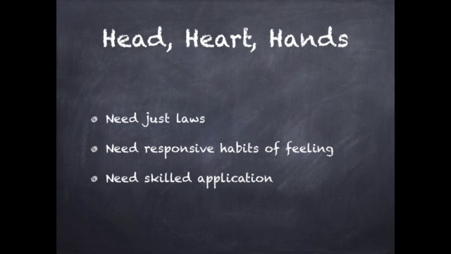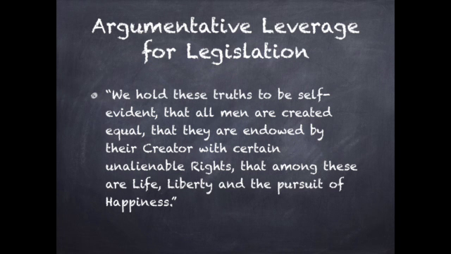And then you need to have skilled application of how to make this work. And these three things were not in concert with the federal government and local governments in the South after the Civil War, unfortunately.